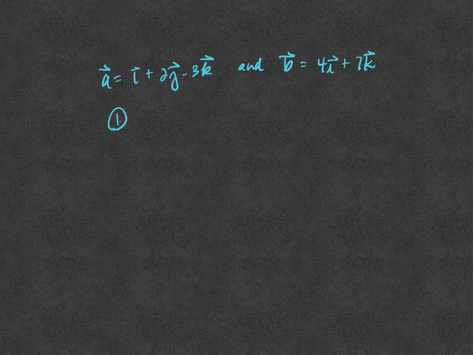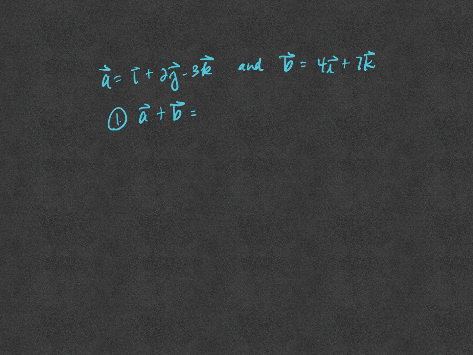So let's say that vector a equals i plus 2j minus 3k. And let vector b be 4i plus 7k. So now you could add vector a plus b. So you're going to add them component-wise again.